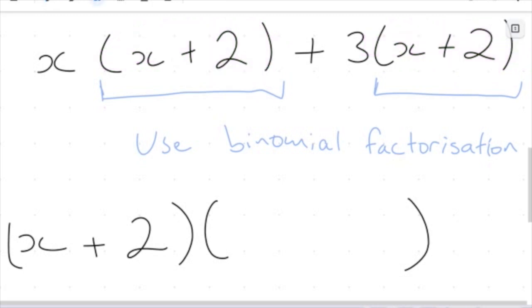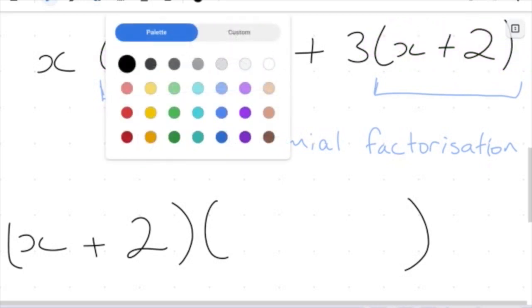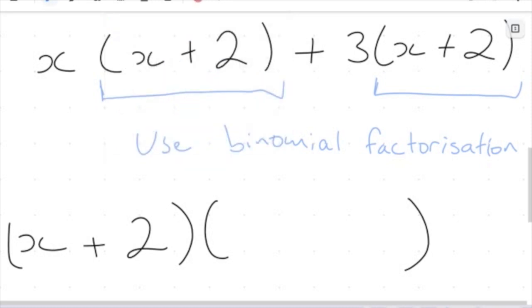Just a little reminder, how these are written is a shorthand for a multiplication. Remember, anytime we write a number next to brackets, a multiplication is implied.